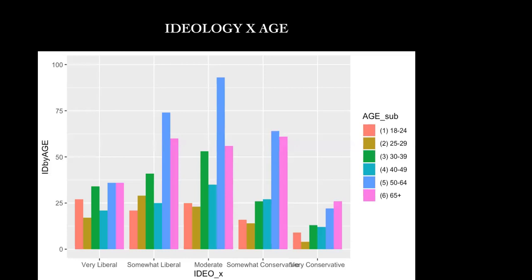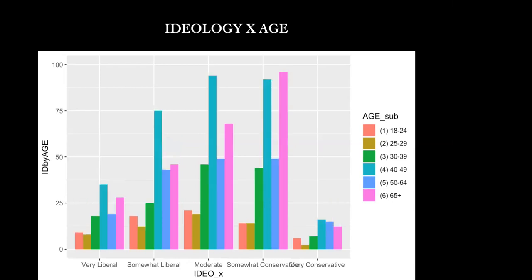The following are some graphs, and to compare the original data set with the synthetic one, I paired them together. This is the original distribution between ideology and age, and this is my synthesized one. We could see that some groups have become higher, but the overall trends are similar.